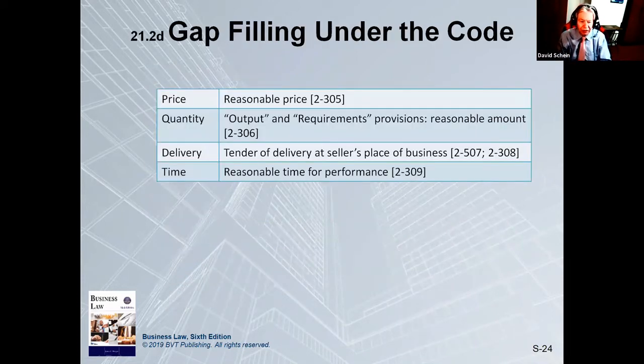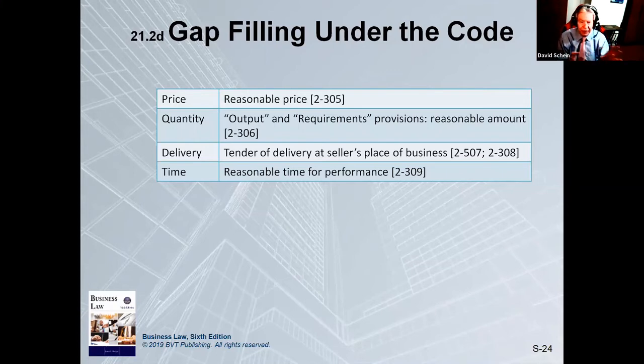As we've mentioned several times during the course, I like charts like this. When you see these, in my opinion, they are ripe to move to your collection of special slides. And so again, a huge difference between the Uniform Commercial Code and common law contracts is the ability to gap fill.